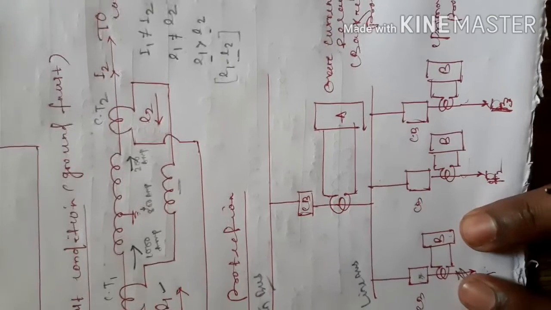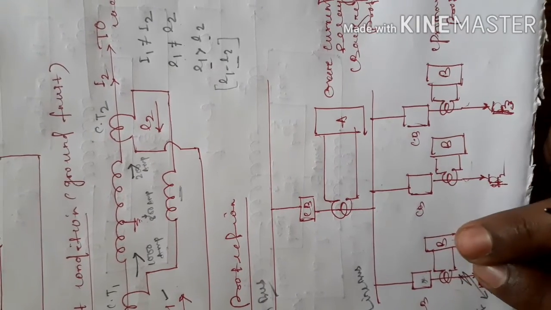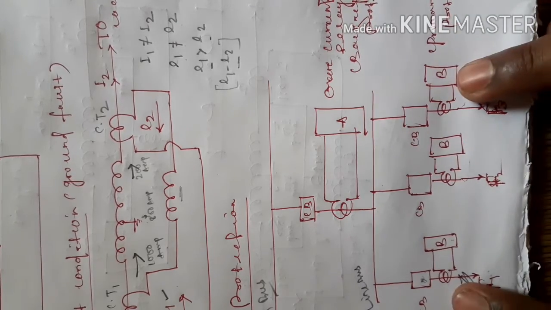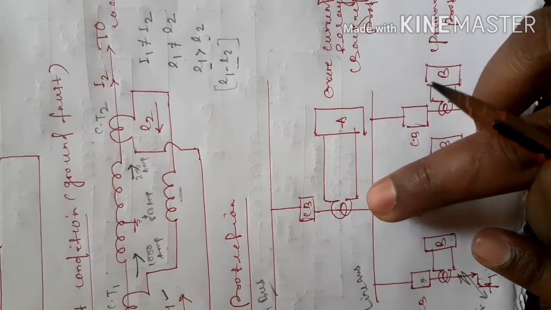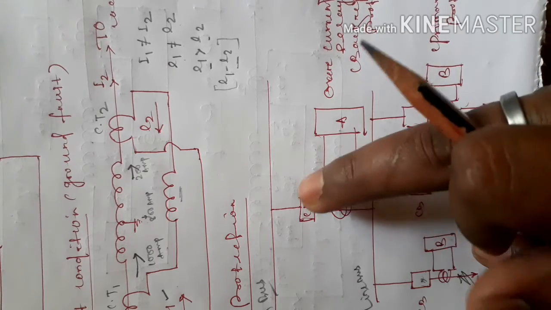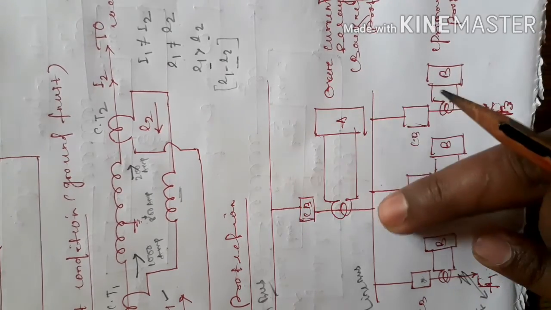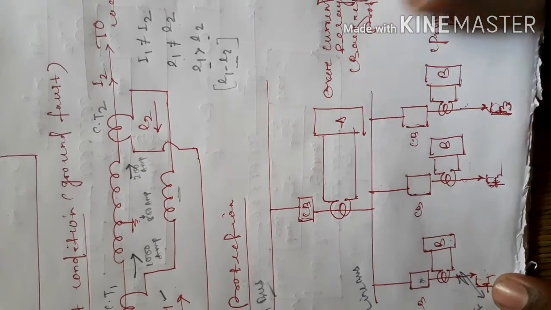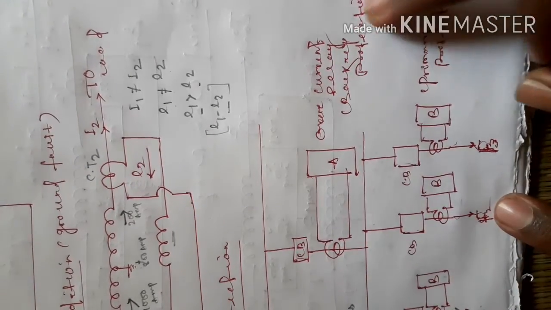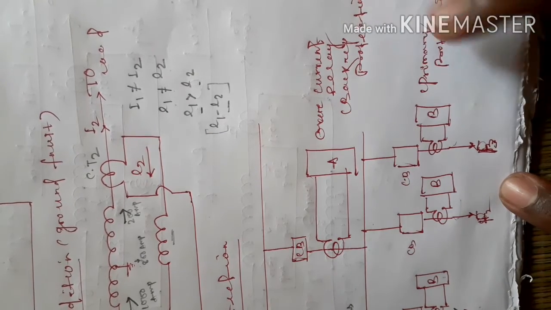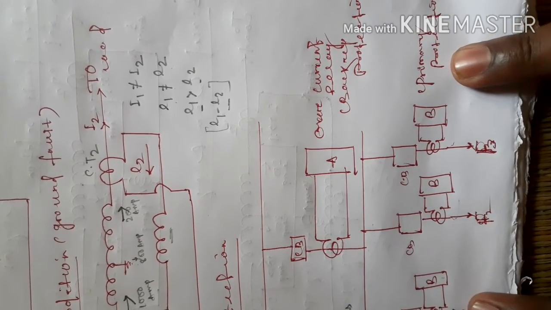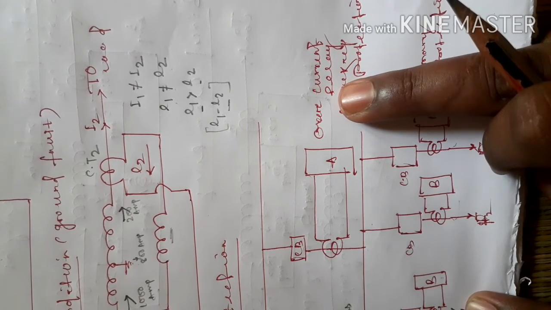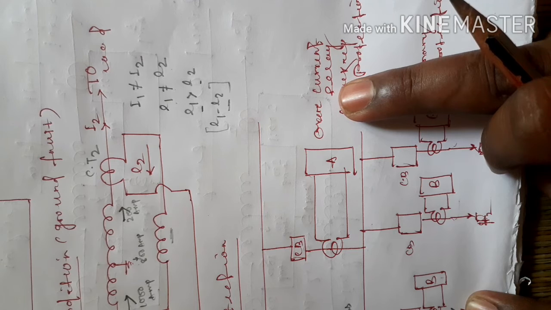In the feeder section we use the primary protection system, whereas in the system connected between the main bus and line bus, we use the backup protection system.